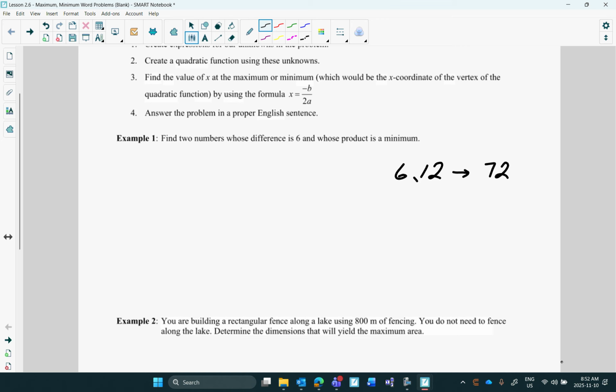Give me another pair of numbers, but I need this smaller. 3 and 9. 27. Good. Smaller.